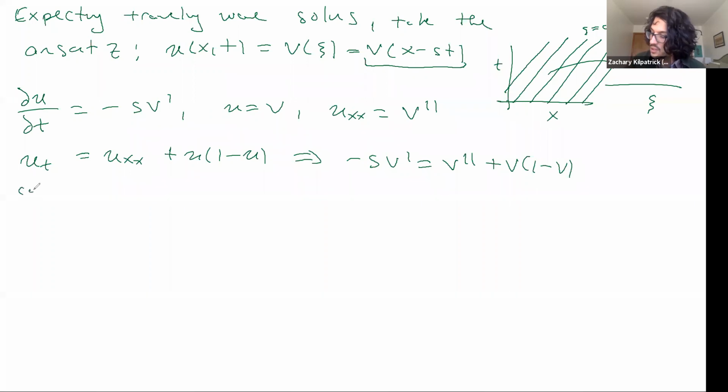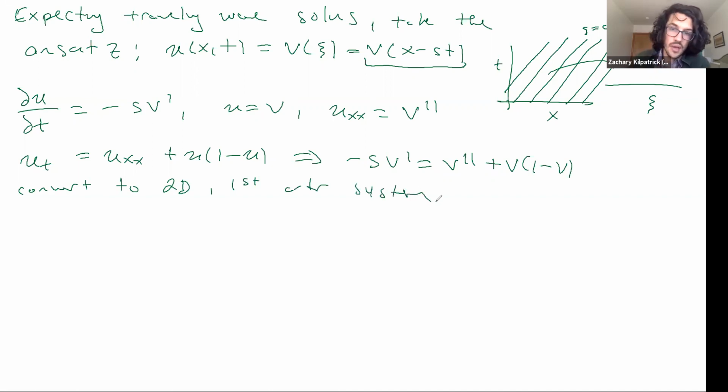So to convert this to a 2D first order system, remember the trick from ordinary differential equations, you just define a new variable and you'd say w is equal to v prime, okay? So v prime is equal to w.